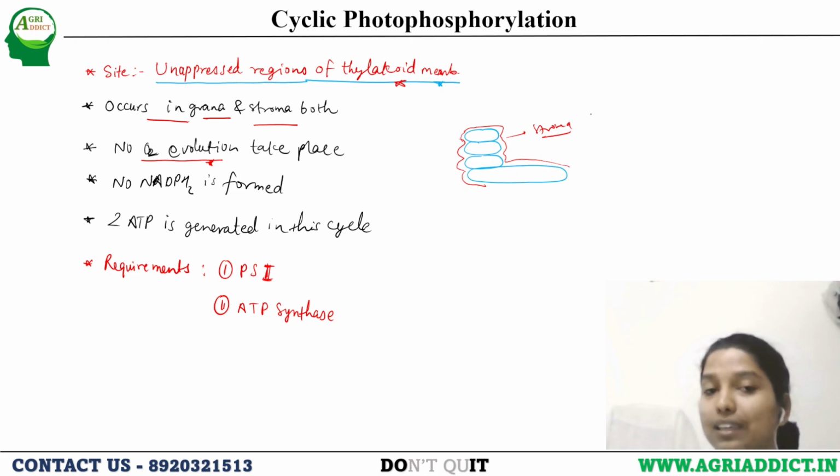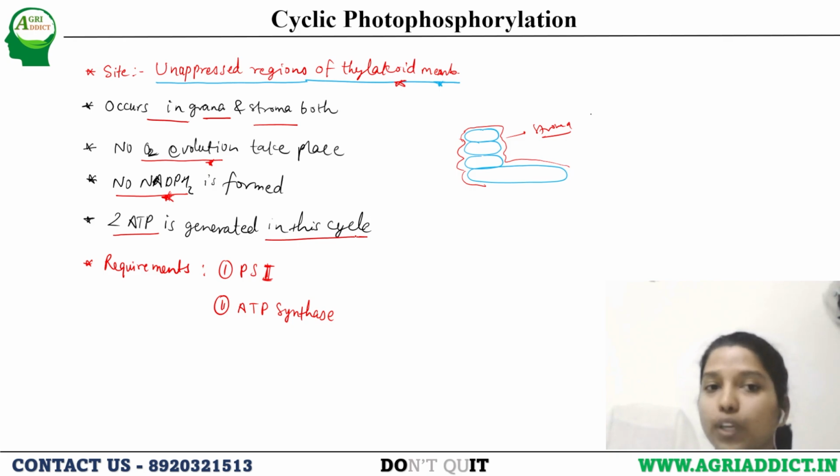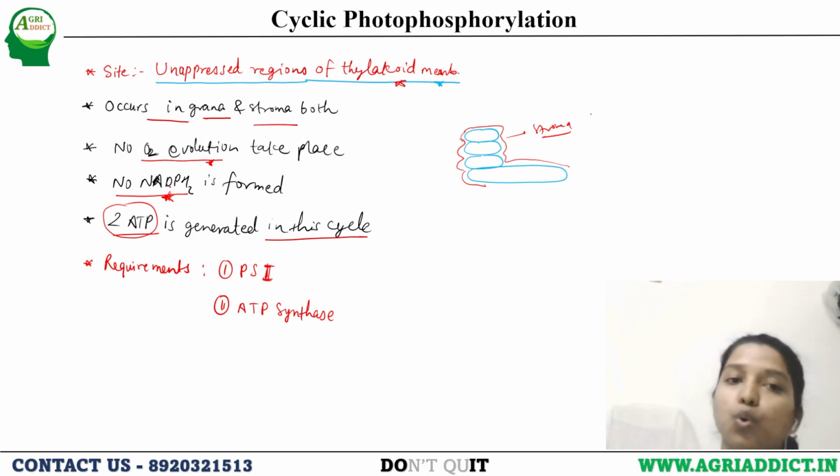Photosplitting of water is responsible for the release of O2. Here, H2O photolysis will not take place in cyclic photophosphorylation. We'll study how. And no NADPH2 is formed. Here 2 ATP molecules are generated in this cycle. No NADPH2, no O2 evolution. This is the basic difference between non-cyclic and cyclic.